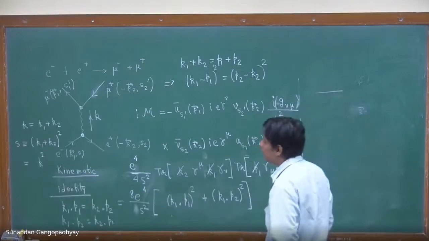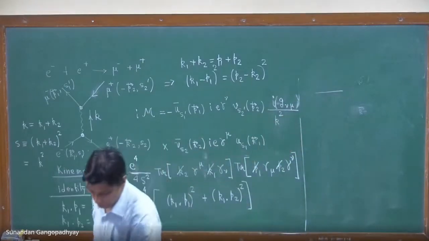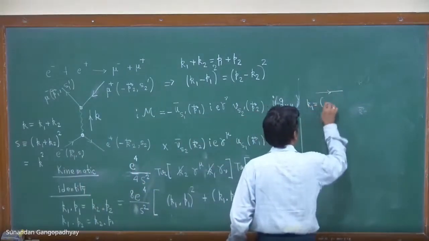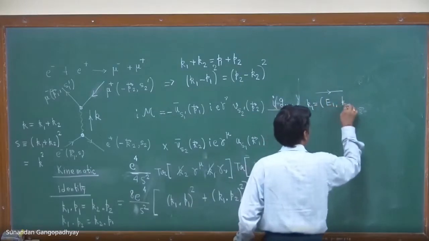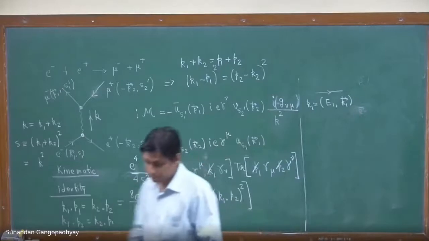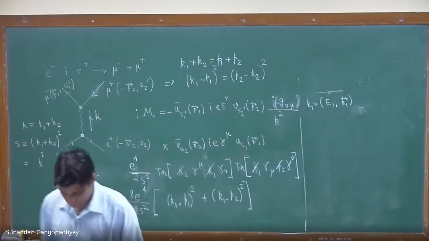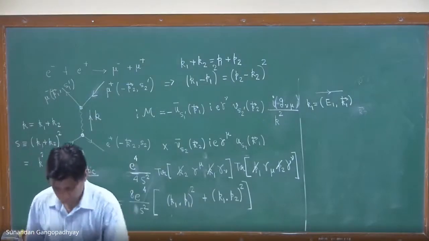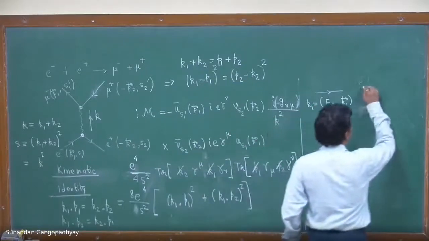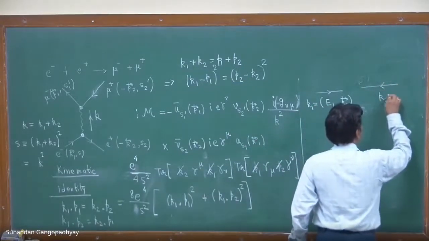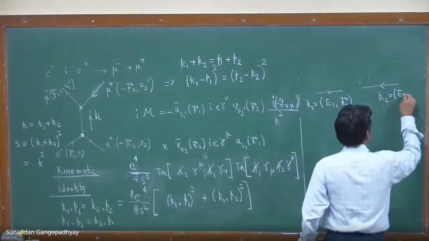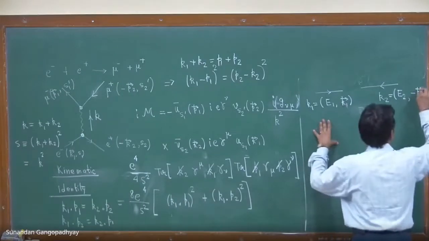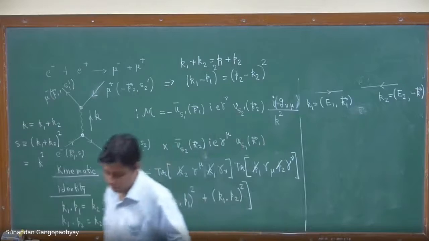So you have this incoming electron. So this is your electron, this is K1, the 4 momentum, that is E, K vector. K2. Okay.